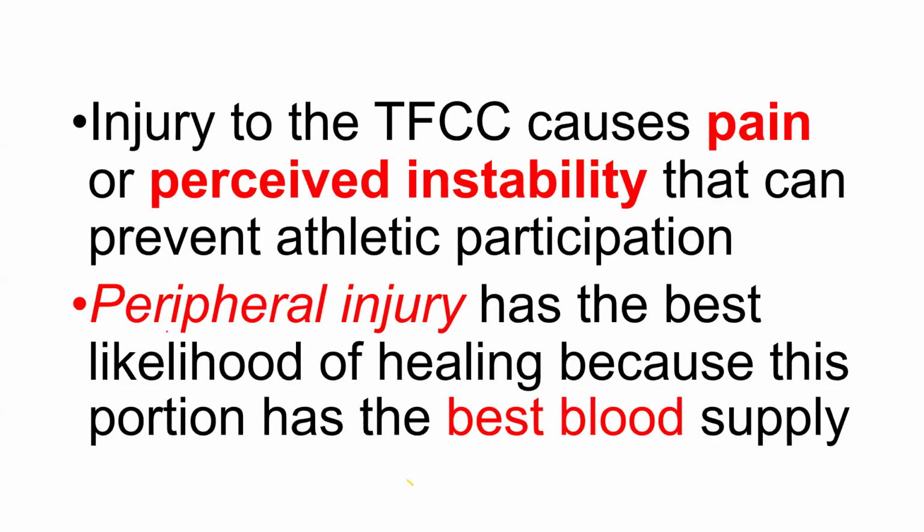Injury to the triangular fibrocartilage complex causes pain and perceived instability that can prevent athletic participation. So please keep this in mind. Peripheral injury has the best likelihood of healing because this portion has the best blood supply.